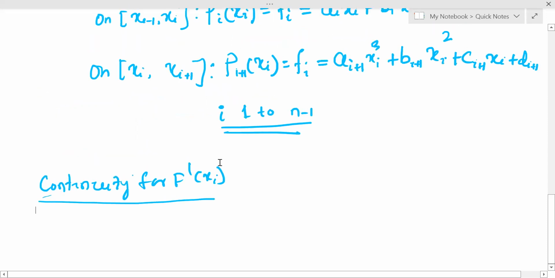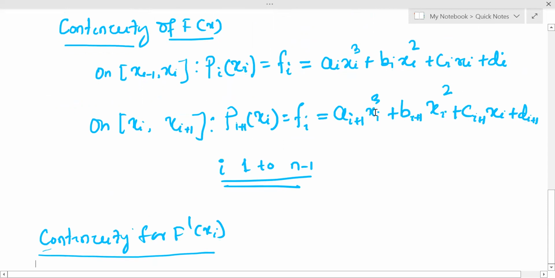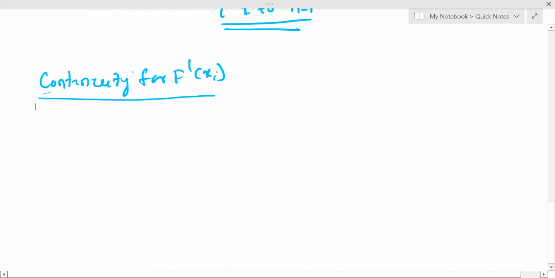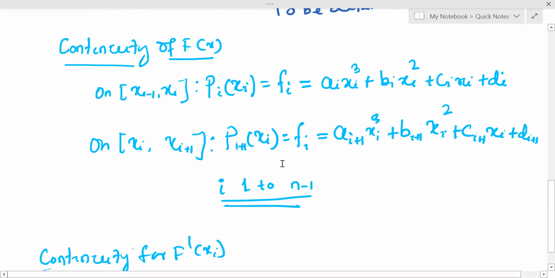The derivative of this first function, 3ai xi square plus 2bi xi plus ci, is equal to 3ai plus 1 xi square plus the derivative of this value; derivative of this value is equal to derivative of this value. That is the second continuity property. You have to see this one.